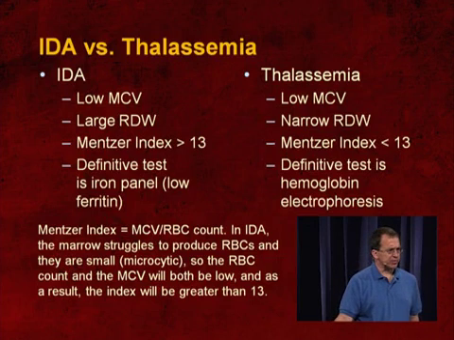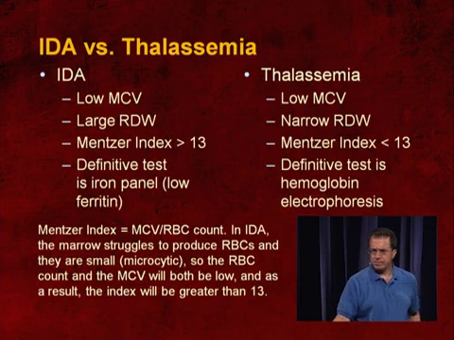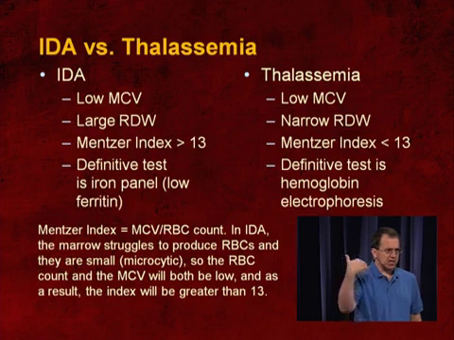Thalassemia. For beta thalassemia, the ultimate test is going to be hemoglobin electrophoresis. For alpha thal, not really the case. For alpha thal, it's really going to be more by history and by eliminating iron deficiency anemia from the diagnosis. The patients that I've taken care of with alpha thalassemia usually come in and tell me they have alpha thalassemia because someone in the family has had it.